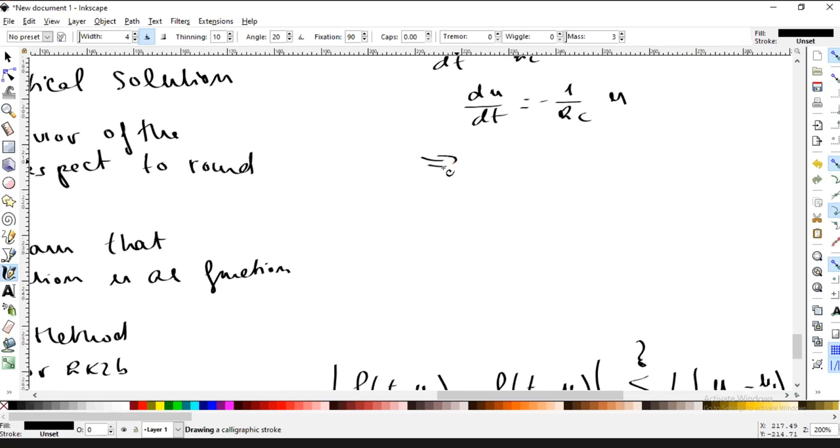So when du over u, okay, this is called a separable equation, equals minus 1 over RC dt.